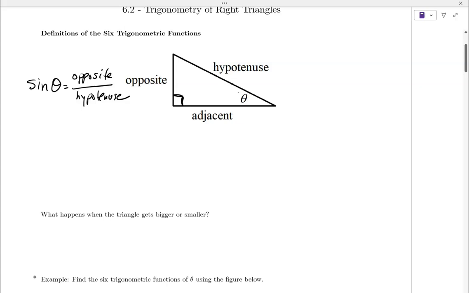The cosine function, we abbreviate cosine as COS. It's using the other leg but keeping the hypotenuse. So this is the adjacent over the hypotenuse.